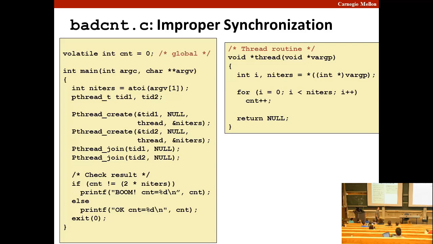You block until you get the resource. When mutex acquire returns, you have the mutex, and that means you can use the resource. When you're done, you call mutex release, and now the resource is up for grabs.